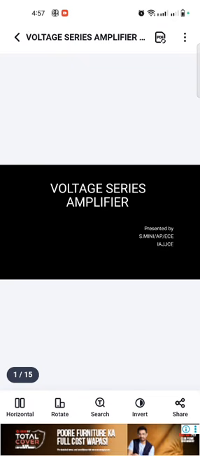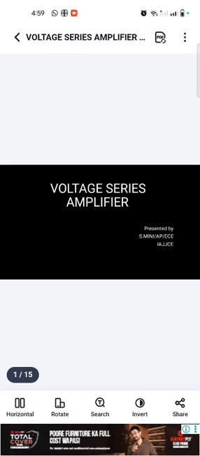Amplifiers don't work that way. If you give the input, it will produce the output very clearly and strengthened, right? Now I think you are all clear about amplifiers, right?